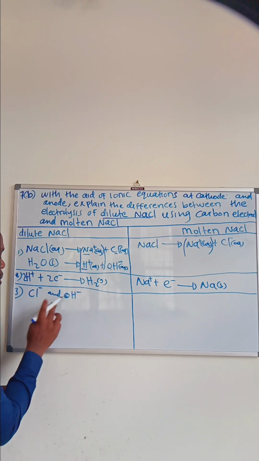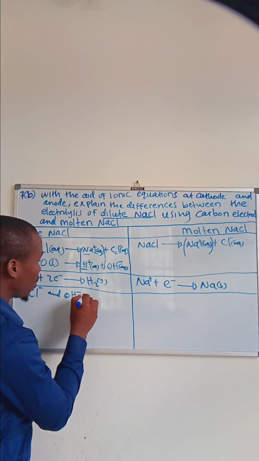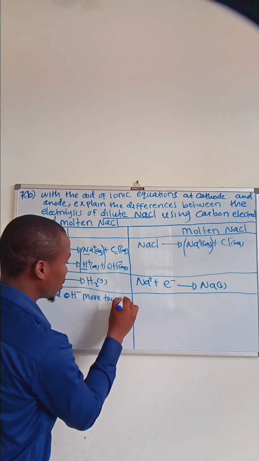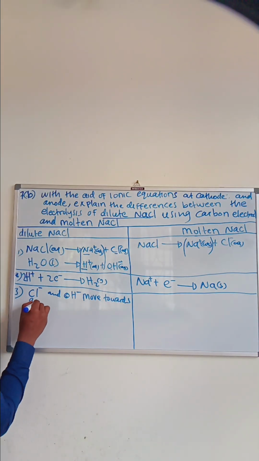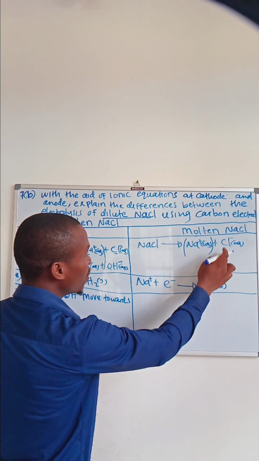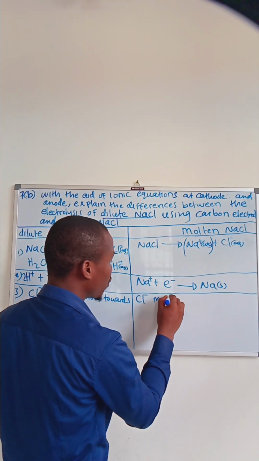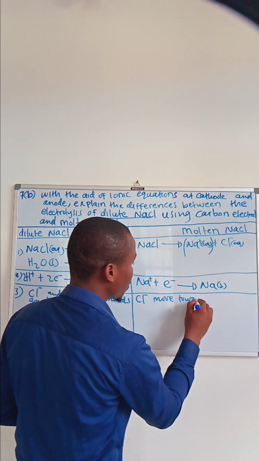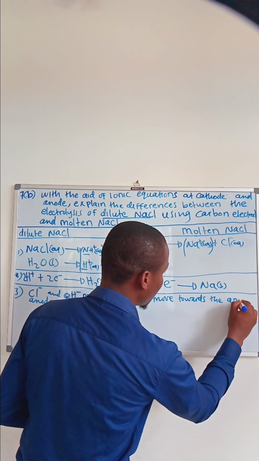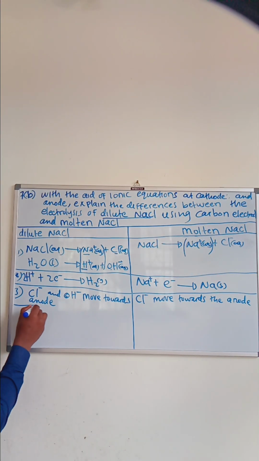But for molten sodium chloride, only chloride moves towards the anode. That is difference number three.